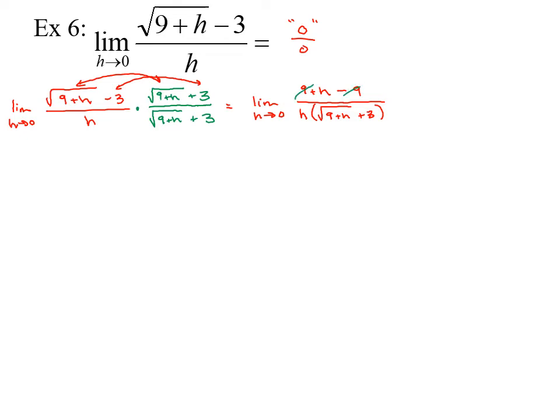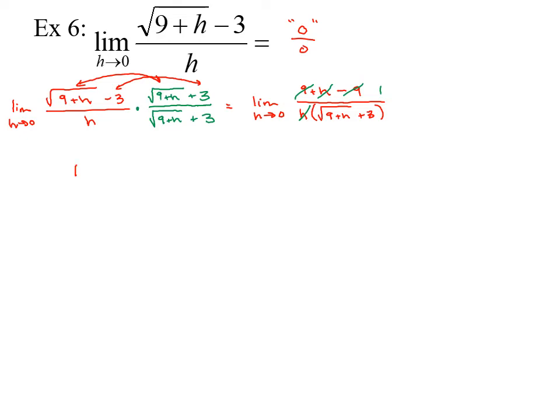As you can now see, two things are going to happen. Number one, 9 minus 9 cancels. Then you have the h divided by an h times a bunch of other stuff. Well, this h over this h cancels, and all of that now simplifies you down into just a 1 on top. So now that you have a 1 on top, it's impossible to get 0 over 0 again, so you can now replug your h equals 0 in.